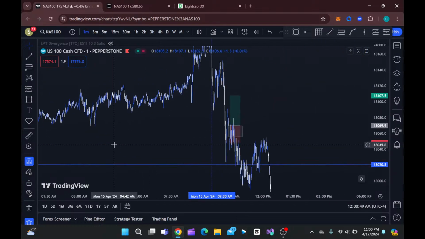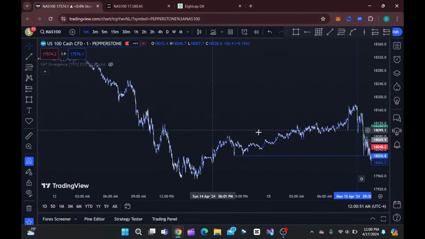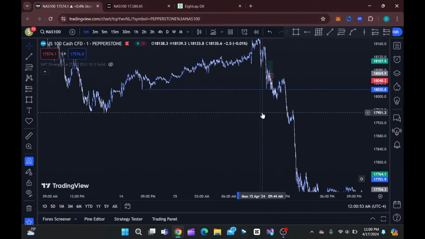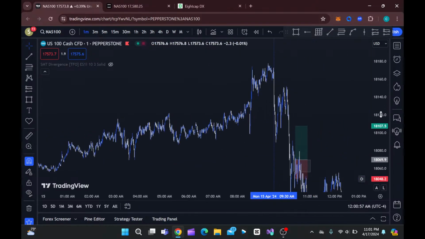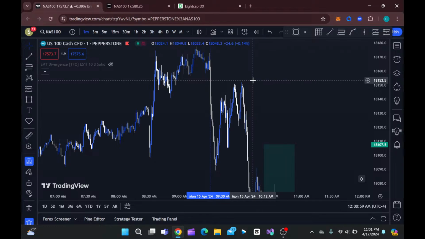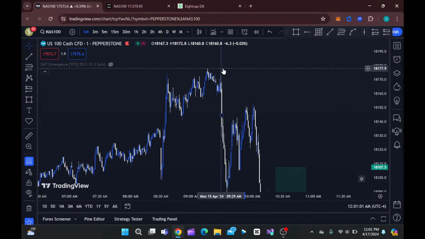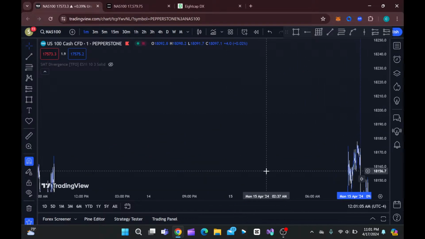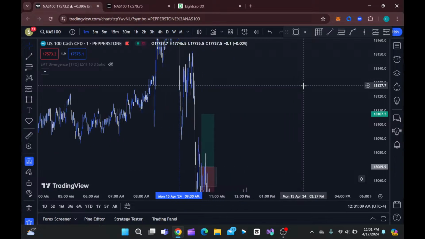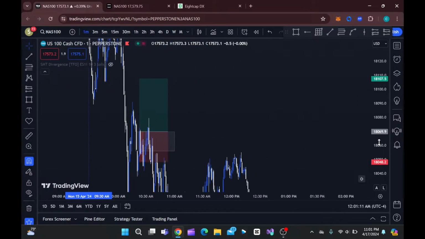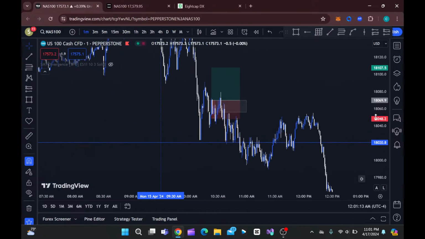Second of all, on the higher time frame, we were just very bearish, and there wasn't really any liquidity to grab up here. There weren't any equal highs or anything. It's not a bad trade, but it's definitely not a good trade.